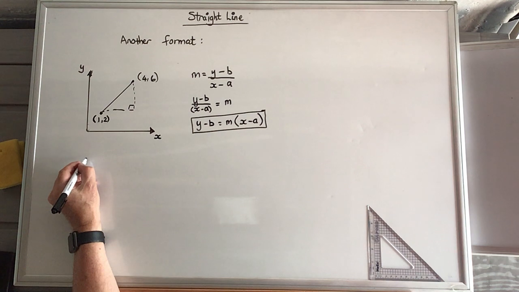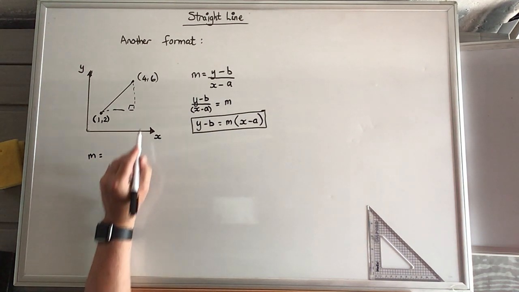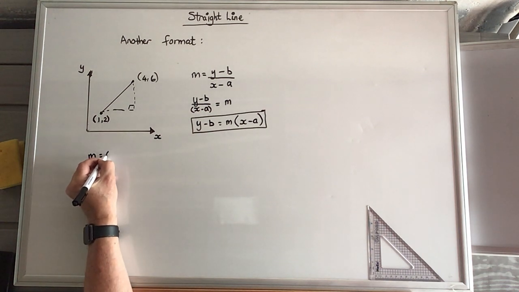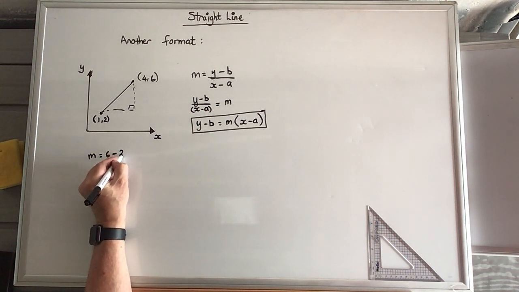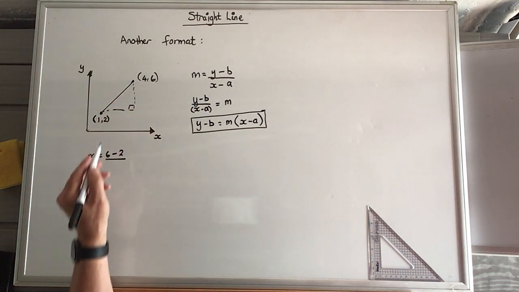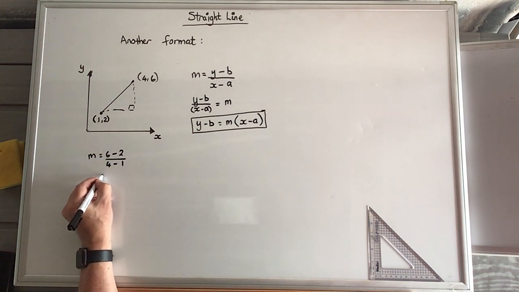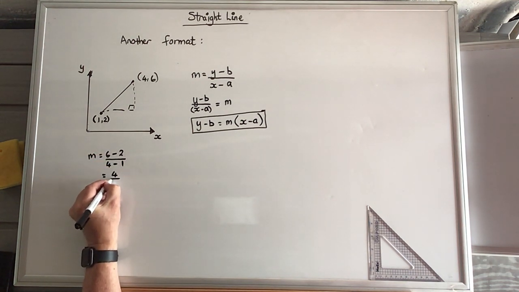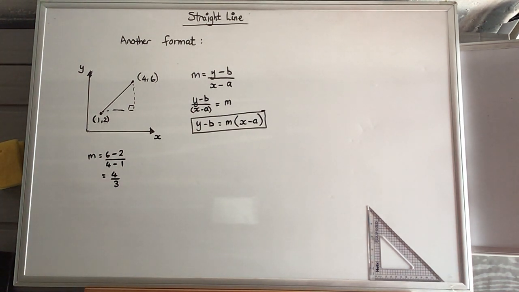So the gradient is equal to y2, which is 6, minus y1, which is 2, over x2, which is 4, minus x1, which is 1, and that gives me 4 over 3. So my gradient's 4 over 3.